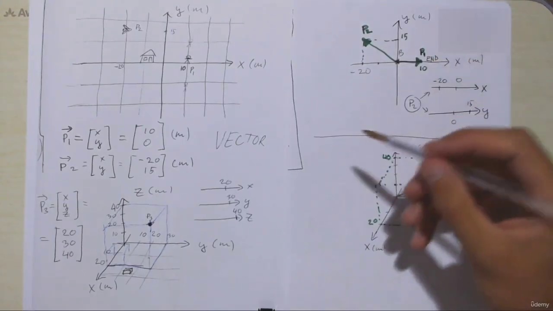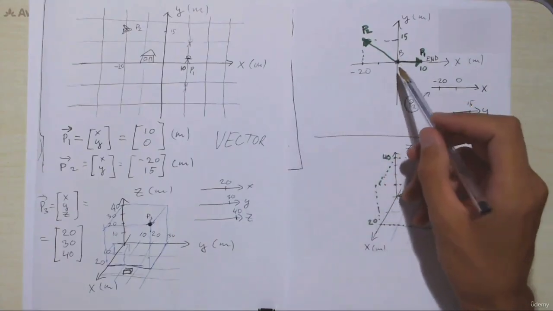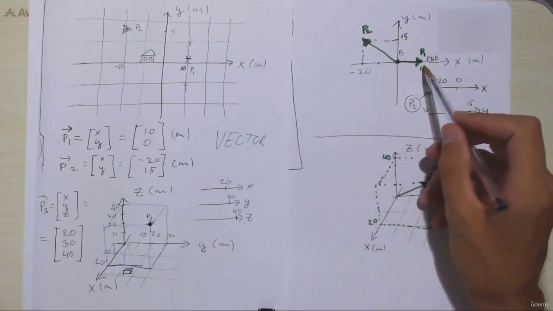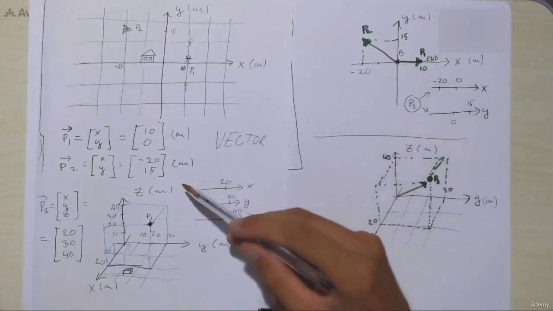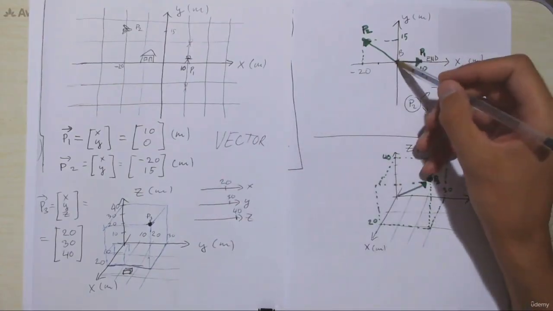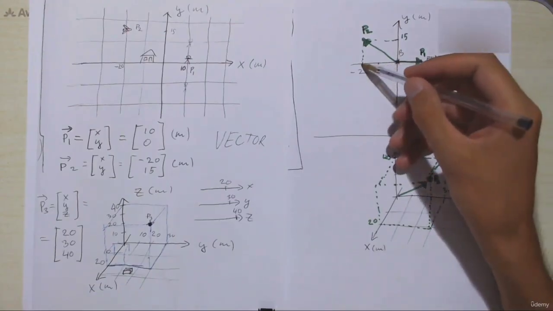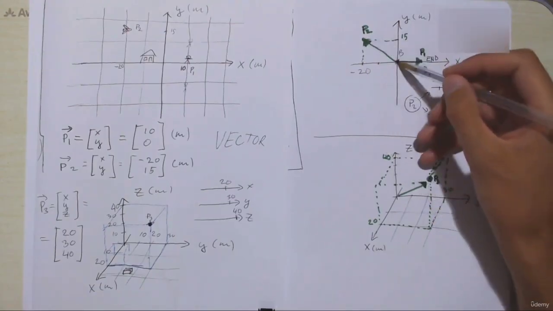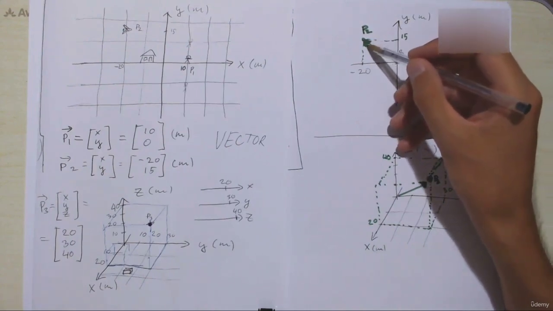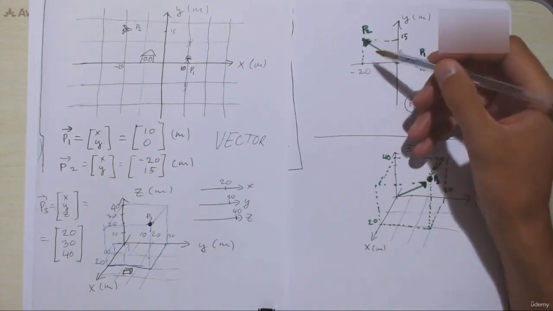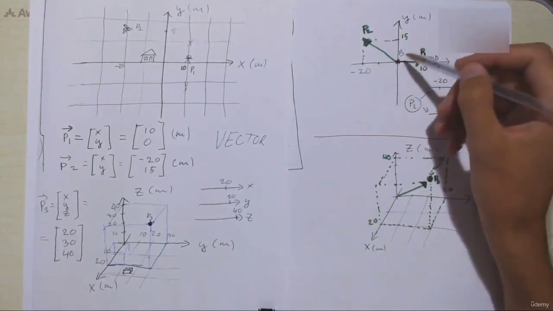So the way you think about it is that, okay, I go from 0, 0 to x equals 10 and y equals 0. And for the position 2, I go from 0, 0 to x equals minus 20 and y equals 15. And then I graph it like this. And in the end, I have this arrow that points you in a direction. You can think of it like that.